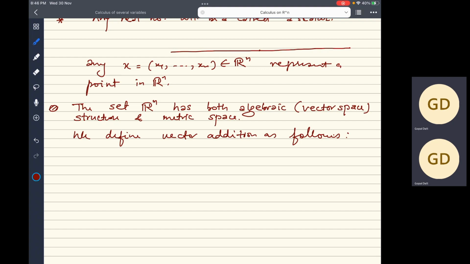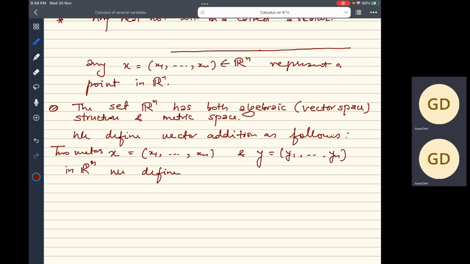For any two vectors x and y in Rn, we define vector addition by x plus y, which is x1 plus y1, up to xn plus yn.